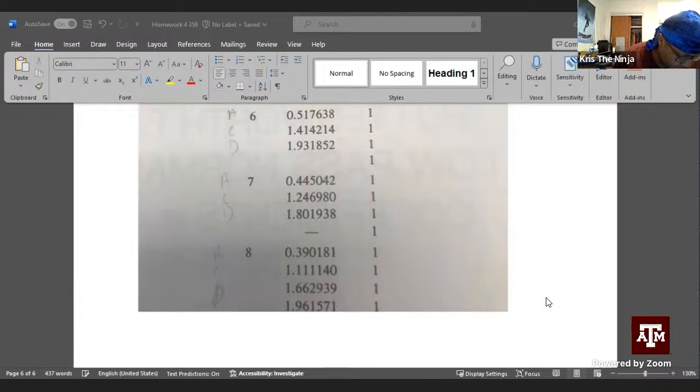Then you have multiplied by 2 omega C squared, that would give us a gain of 4, over s squared plus 1.11 omega C s plus omega C squared. Oh, I'm forgetting the omega C s. I keep forgetting the omega C s.